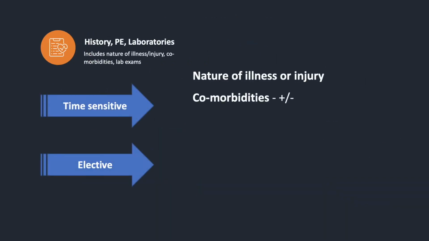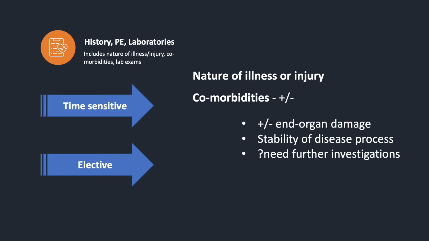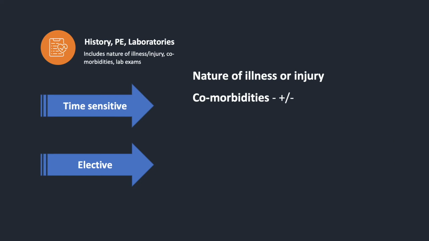So you basically look for end organ damage if the patient has one of those comorbidities and determine the stability of the disease process. And you decide later on if the patient needs more investigation and or referral to another specialist. And then you go through the personal and social history, smoking or drinking alcohol.